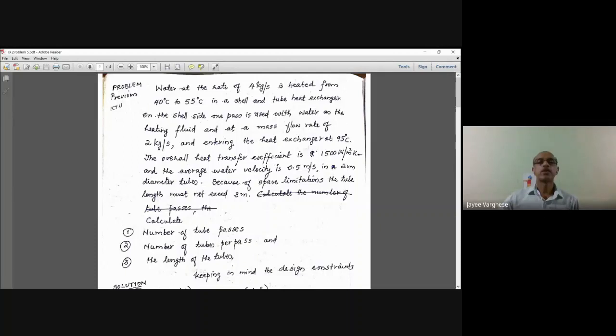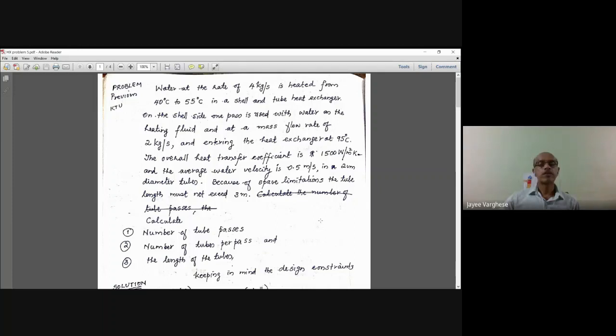This is actually a shell and tube heat exchanger. There is one shell pass and the tube passes are to be decided based on the constraint. The constraint is that the maximum length of the tube per pass is limited to 3 meter.